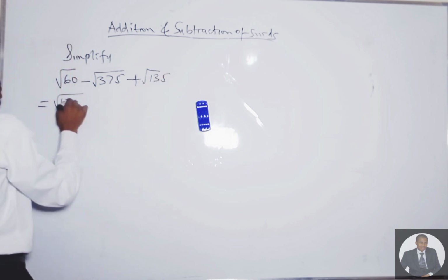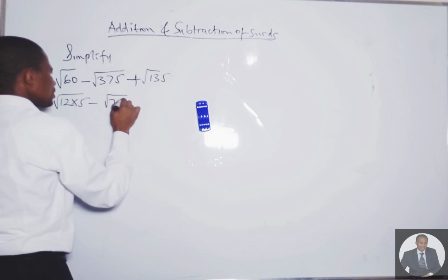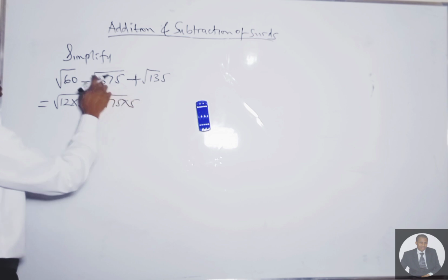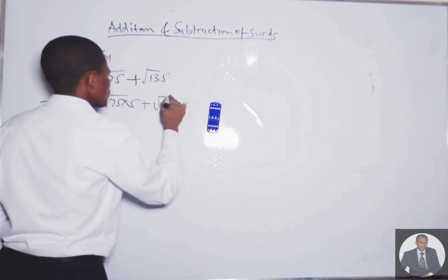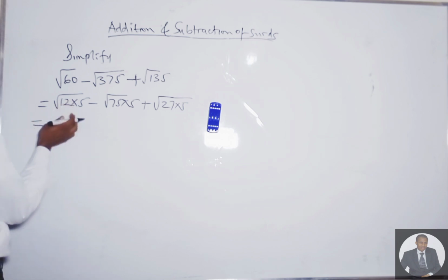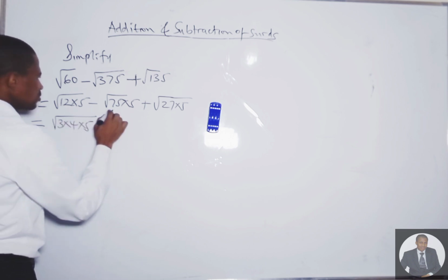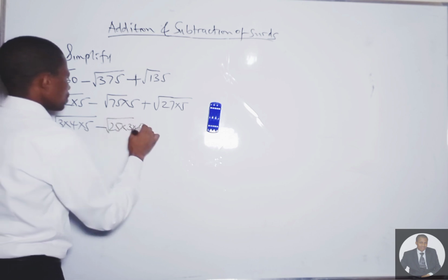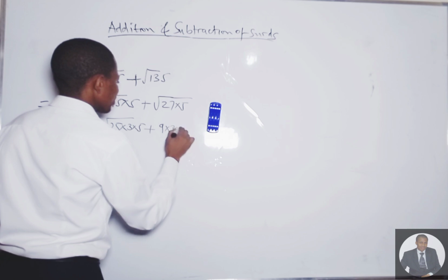This 12 is 4 times 3 and so on; 375 is 75 times 5; and 135 is 27 times 5. So what do we do here? We just have 3 times 4 times 5 minus 25 times 3 times 5 plus 9 times 3 times 5.